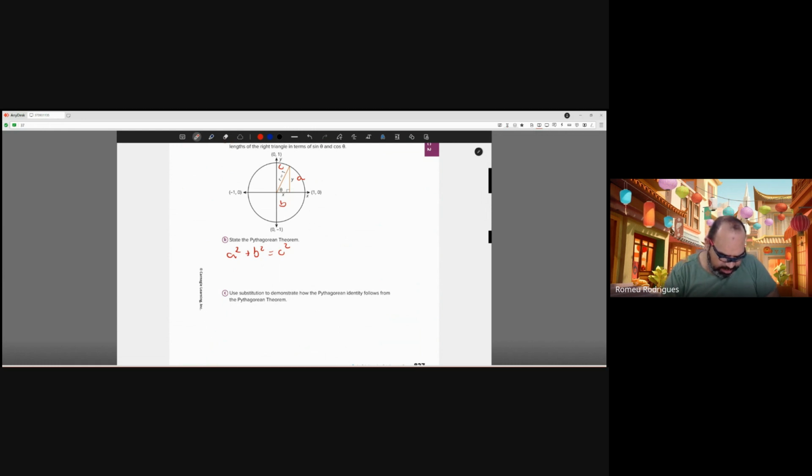Then my A is sine of theta, squared, plus B, the X value, horizontal, which is cosine. Cosine theta squared equals the hypotenuse, which is my C, 1 squared. Done. We did it. Simple.